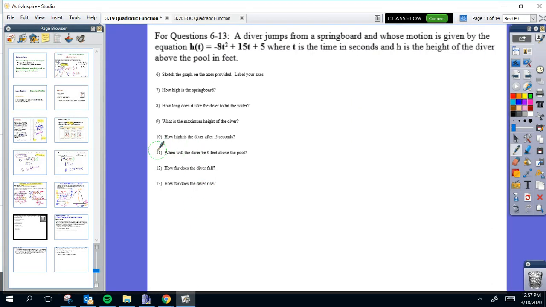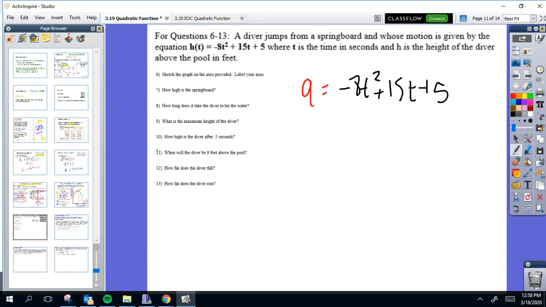All right, I changed my mind. We should actually do number 11. So number 11 says, when will the diver be 9 feet above the pool? So I take my formula that I have, which is negative 8t squared plus 15t plus 5. And it's asking when the diver is going to be 9 feet in the air. So my height is going to be 9 feet.